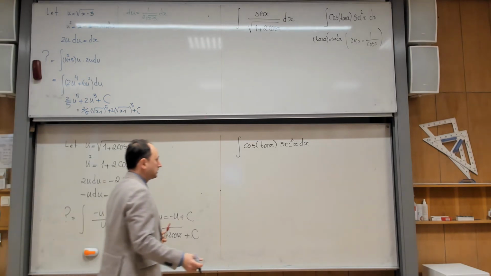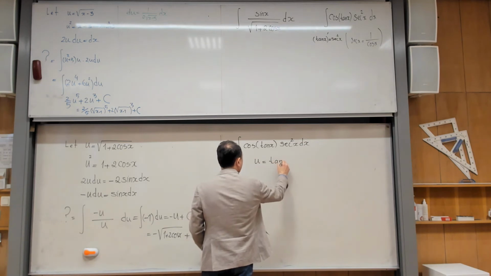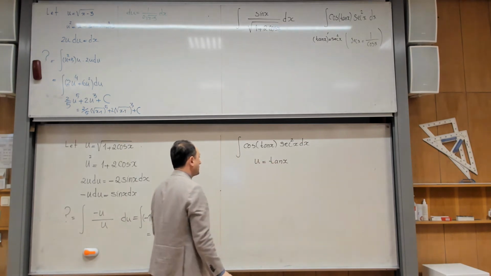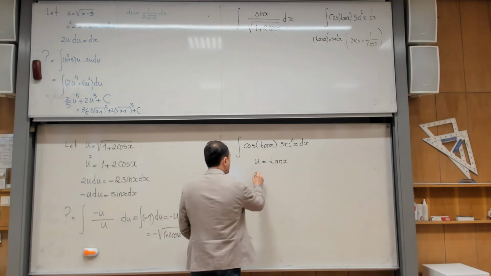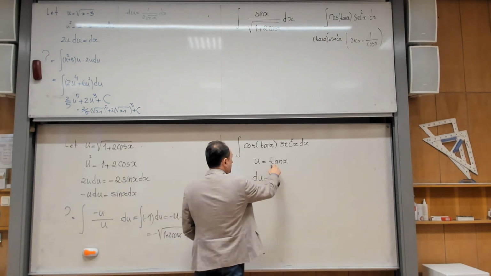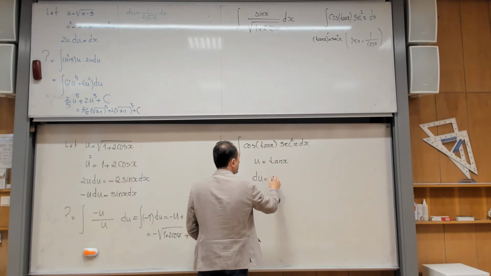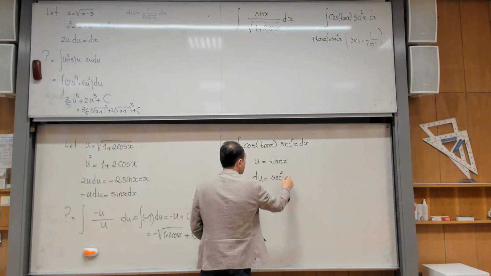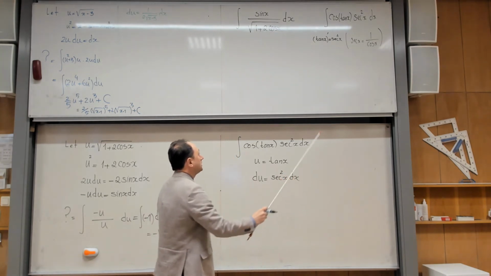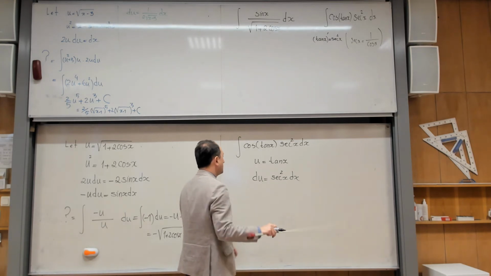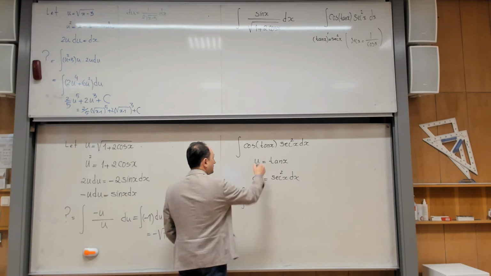Let us try. So I would say that let u be tangent of x, and then here, because there are no square root signs involved, I have to start the differentiation right away. This becomes du, but let us use this version of the derivative. The derivative of tangent is secant squared x dx. That's good, because you see this exact combination is needed in this problem. So the integral I am looking for can be rewritten in this form.